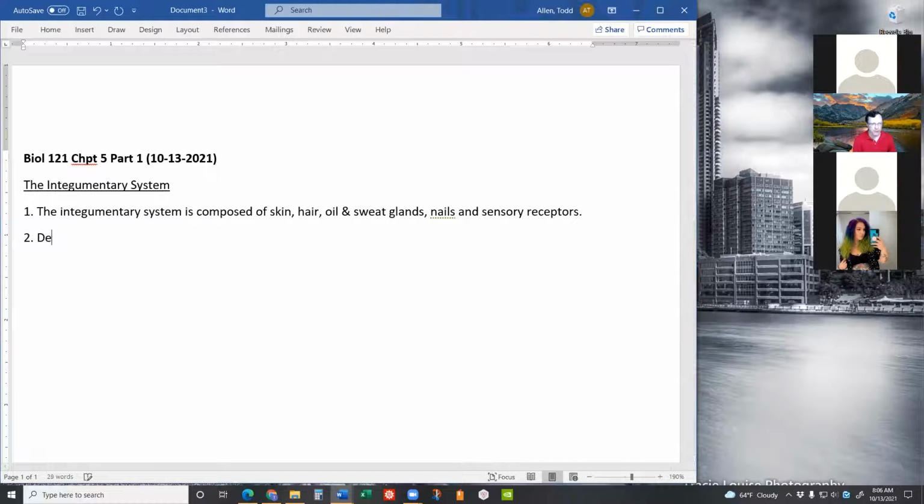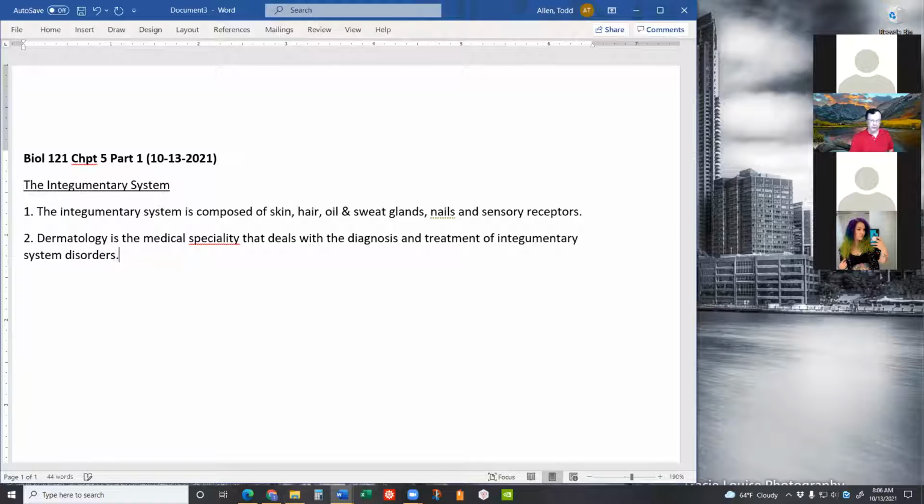Okay, so dermatology is the medical specialty that deals with the diagnosis and treatment of integumentary system disorders. There's lots of things you might go to a dermatologist for.